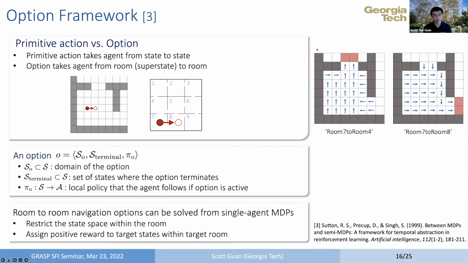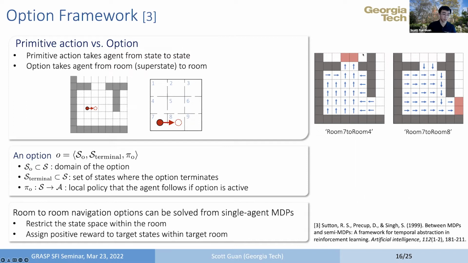These options are generated in the agent's individual state space, and they can easily be solved from a single agent MDP, a single agent Markov decision process. So it's a single agent problem. We can set the states within the room as the domain of the option, and all the states outside this room as the terminal set. We can also assign a positive reward for the target states within the target room.